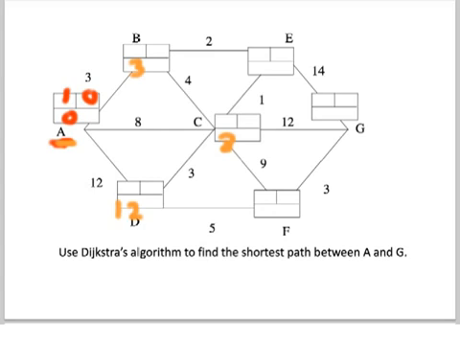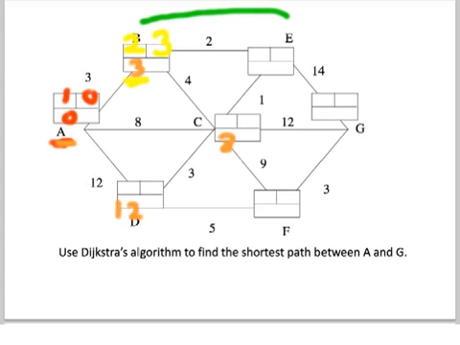So the shortest in this one here is obviously the 3. So we make node B permanent, so the distance from A is 3, and that became the second one we made permanent.